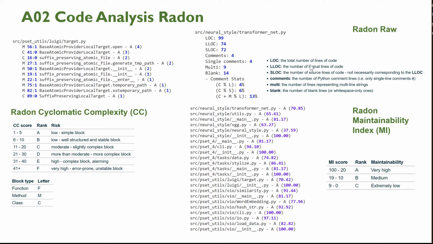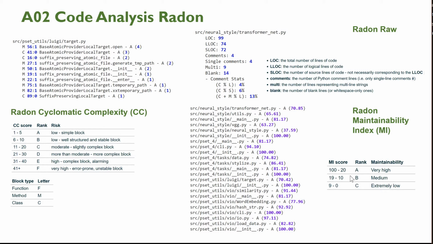The second one is the Radon raw report, and it gives you an idea per module of the lines of code, the logical lines of code, the SLOC, etc. And here is the MI report, the maintainability index.